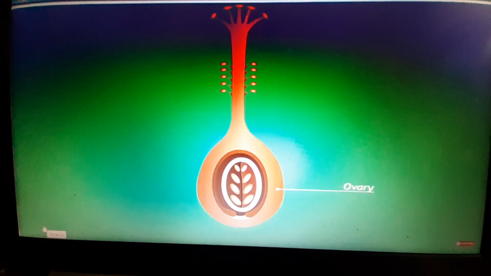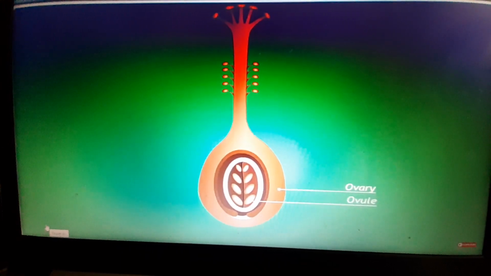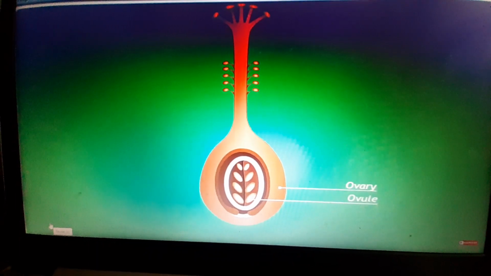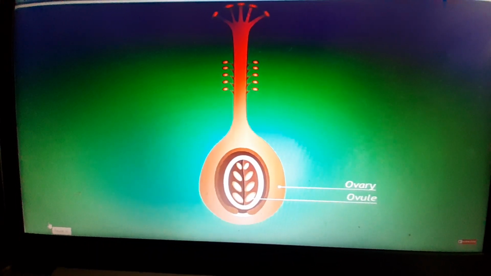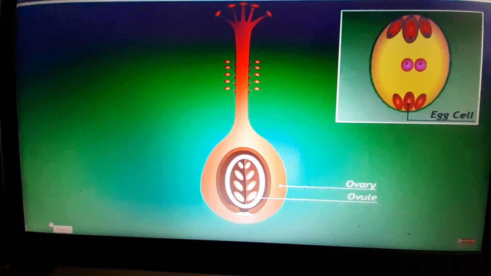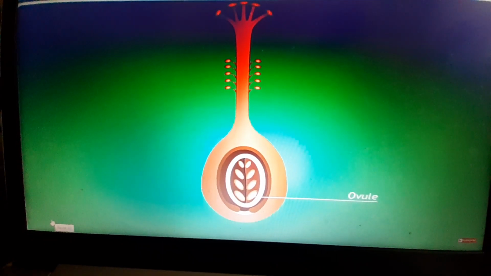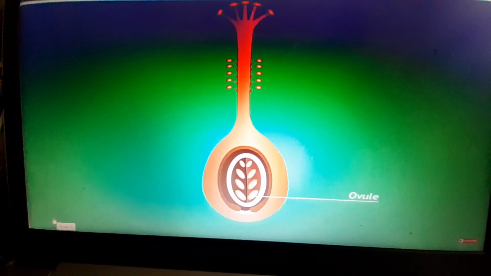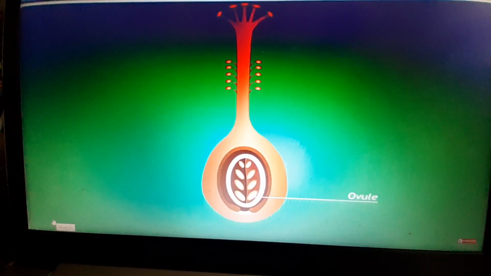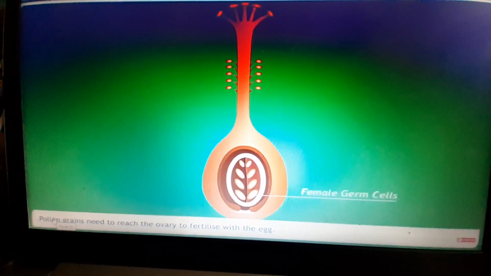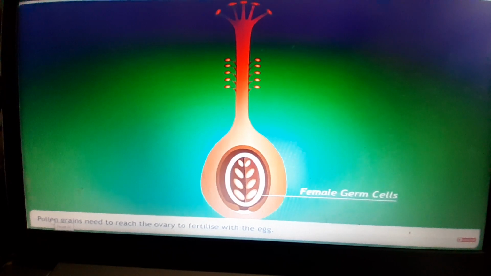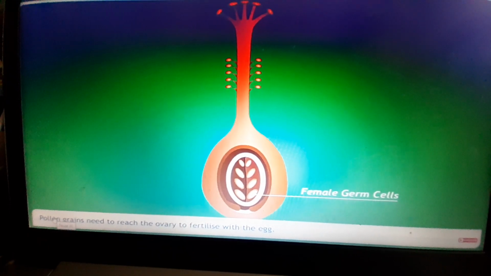Now let's look at the ovary. The ovary contains ovules, and each ovule has an egg cell. Now that the stigma of the hibiscus flower has received pollen grains, these grains have to reach the female germ cells which are in the ovary.